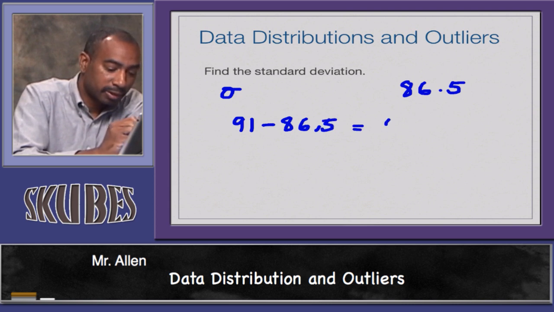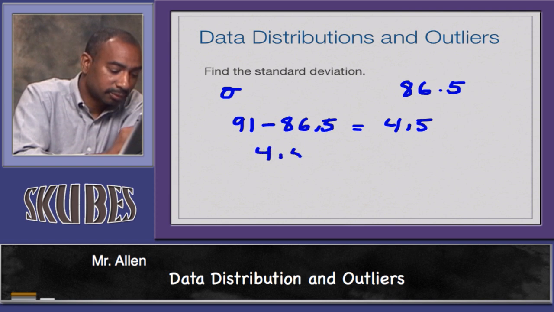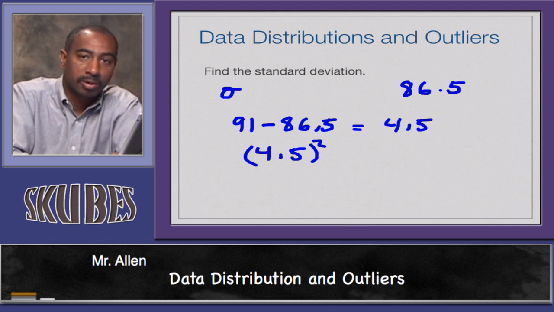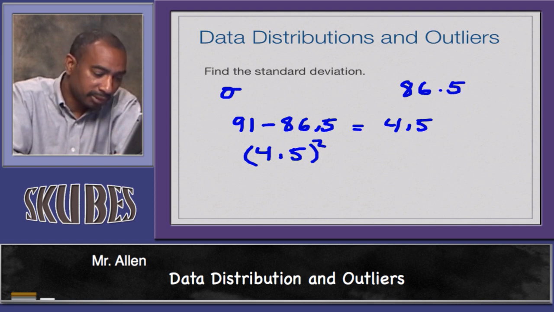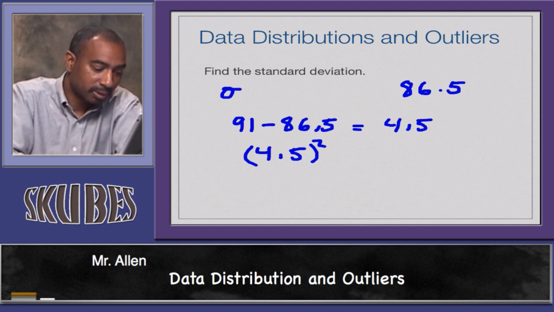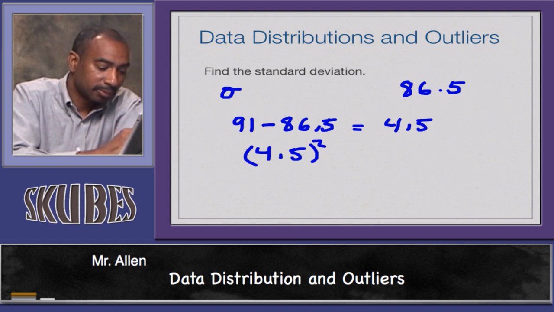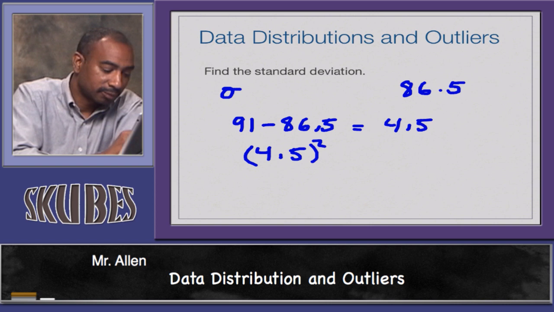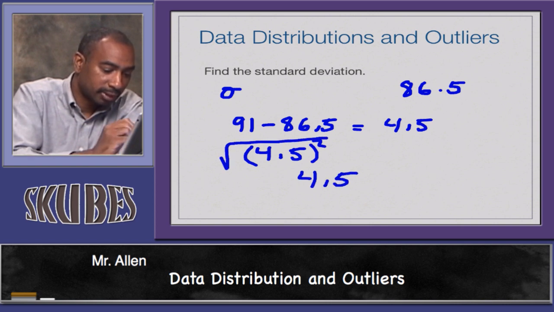That gives you 4.5. And the next step is to square the result. And then you want to take the square root of each of the squares. But 91, this is still going to be the median, 4.5. So if you take the square root of that, you get a standard deviation of 4.5.